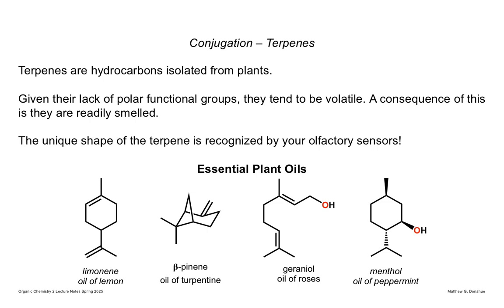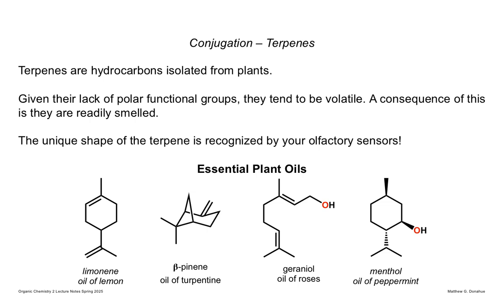So oil of lemon, that's called limonene. Beta-pinene, that's oil of turpentine. Like if you've ever cleaned floors, you've used Pine-Sol. I mean, it's pretty potent, right? We're all sophisticated humans in this room, and you'd never crack open a bottle of Pine-Sol and drink it, would you?